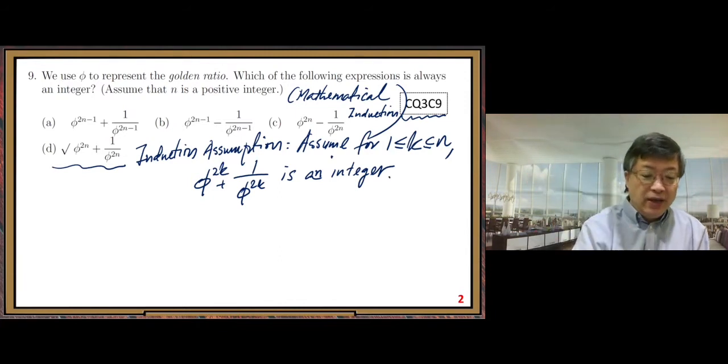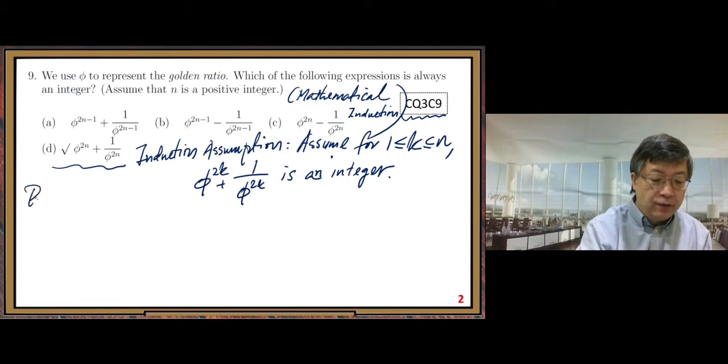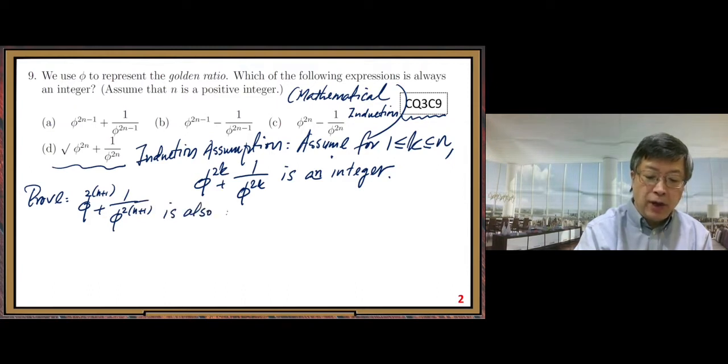Okay. So now we need to prove phi to the 2 times n plus 1 plus 1 over phi to the 2 times n plus 1 is also an integer.